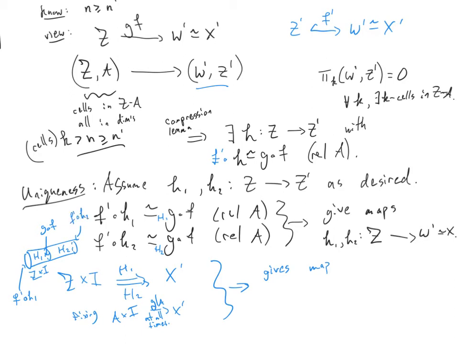So when I glue it together, this is just a longer cylinder that's a homotopy between F prime of H1 and F prime of H2. So that big homotopy gives a map from Z cross I relative all of this stuff that fixes A.